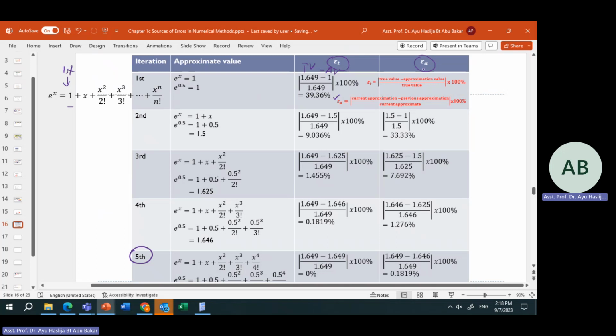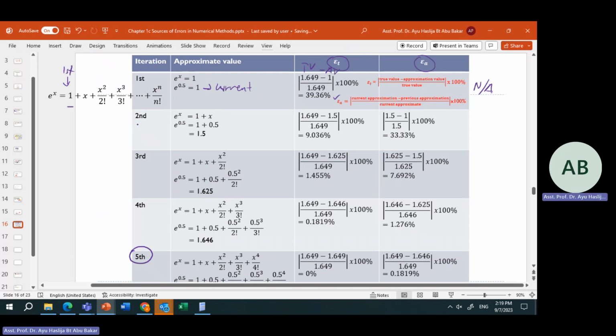EA is the current approximate minus the previous approximate over the current. For the first iteration, we don't have the previous value, so the EA for the first one is not available. This is your current value.